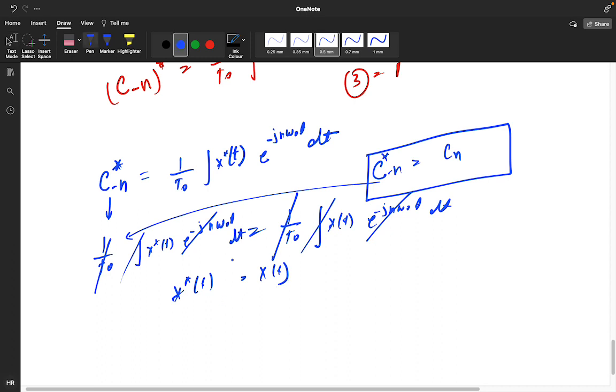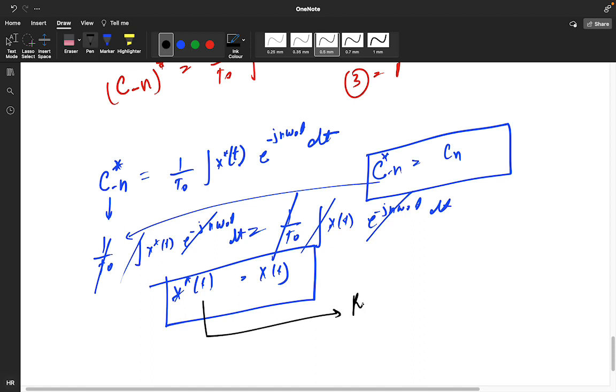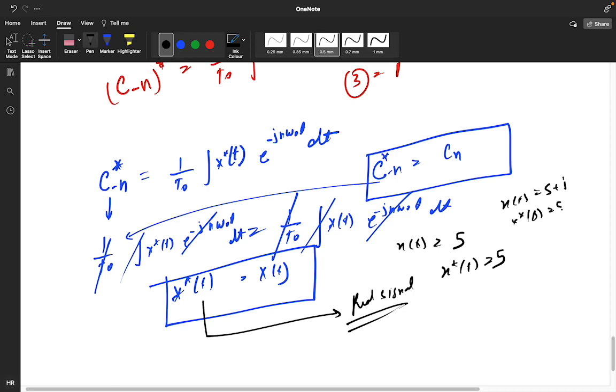Okay, and where is it possible? x conjugate of t is equal to x of t is always possible in a real signal. See, if you are taking x of t equal to 5, so x conjugate of t will also be 5. But if you take x of t equal to 5 plus j, so x conjugate of t is equal to 5 minus j.